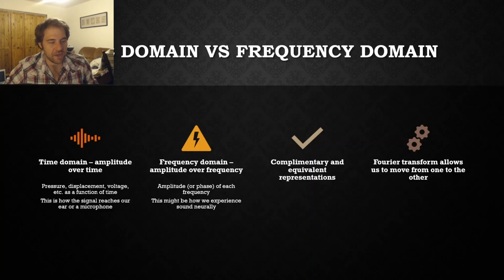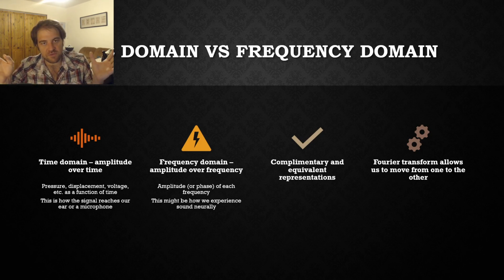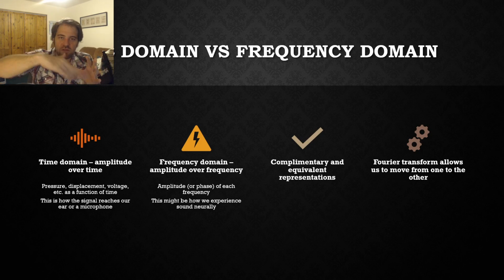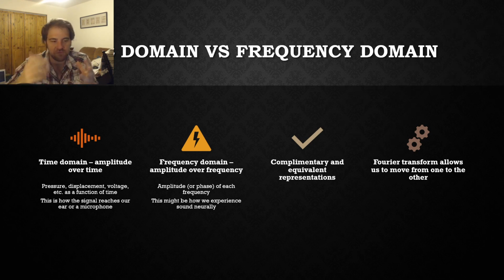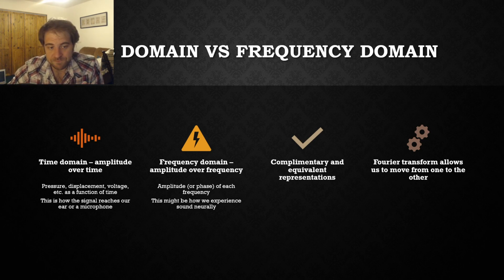So the time domain, which again is just your typical waveform, you're going to look at pressure or displacement or voltage as a function of time. You're looking at change over time, some sort of fluctuation in time. Again, this is how the signal reaches our ears, how the signal reaches a microphone.